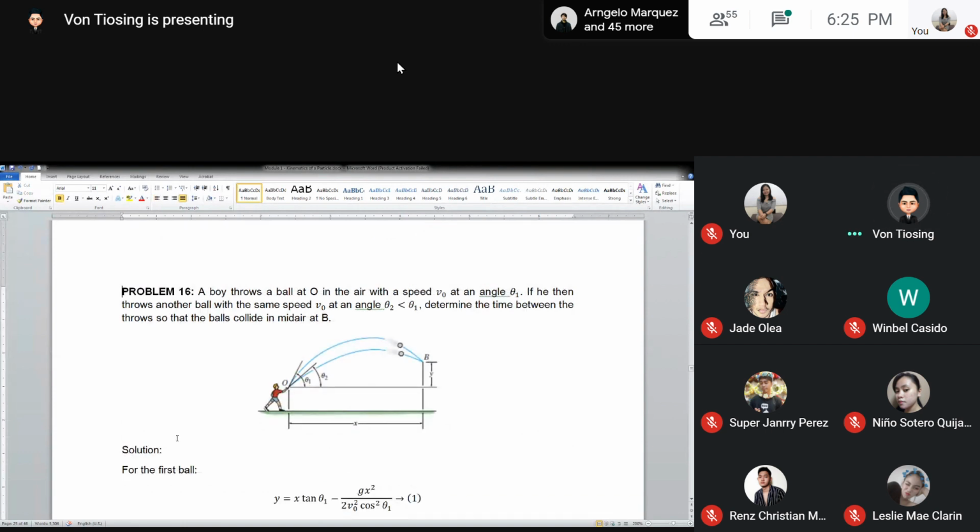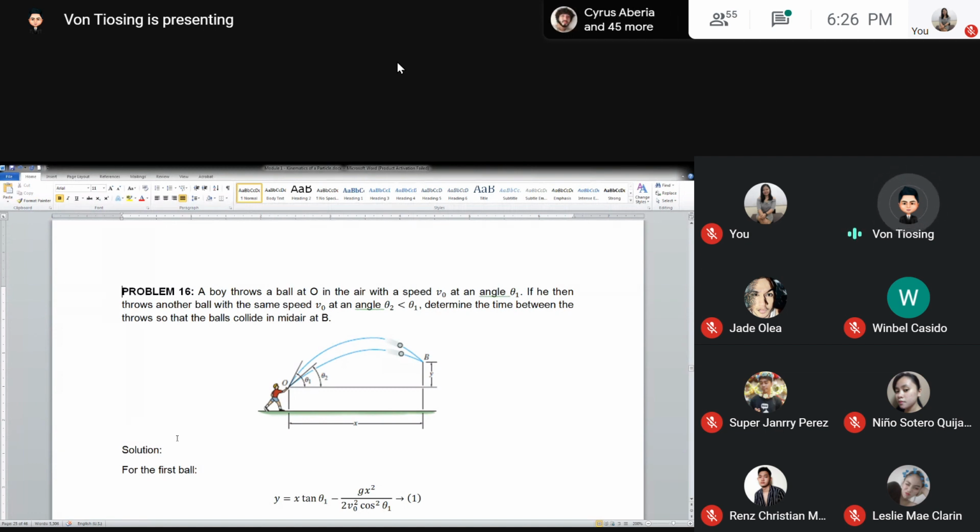Ayan. A boy throws a ball at O in the air with speed of v naught at an angle theta 1. If he then throws another ball with the same speed v naught at an angle theta 2, with theta 2 less than the angle theta 1, find the time between the throws so that the balls collide in mid-air at B.